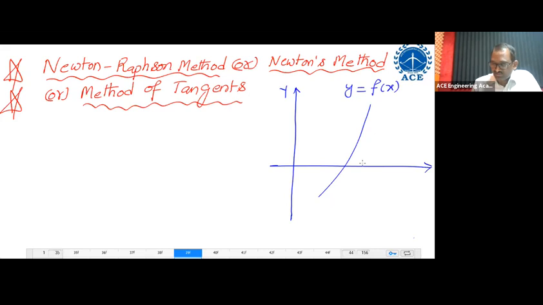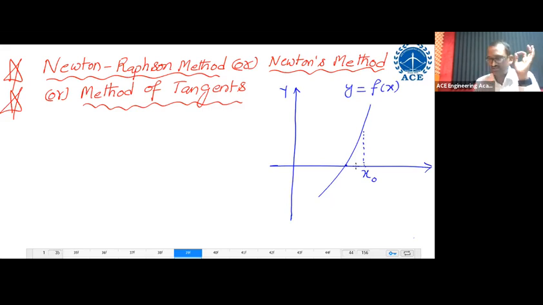In Newton-Raphson method, we need to choose the initial approximation very near to where the curve crosses the x-axis. It is nearer to the root.